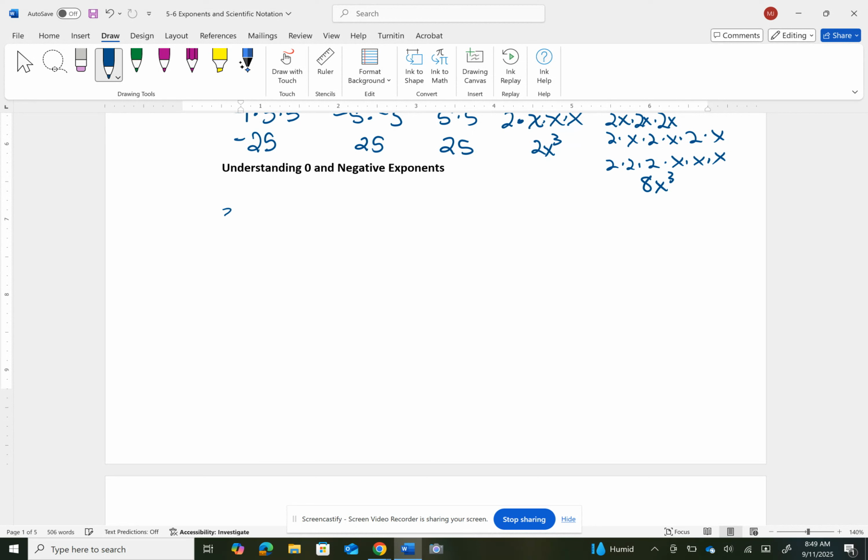If I did 3 raised to the 4th power, we know that means 3 times itself 4 times. 3 times 3 is 9, so we have 9 times 9, that would be 81. We know 3 to the third would be 3 3's multiplied together, so that's going to be 27. What I'm doing in this pattern is I'm keeping the base 3, but I'm subtracting 1 from the previous exponent. So now I have 3 to the second. So I only have 2 3's, and that would be 9.